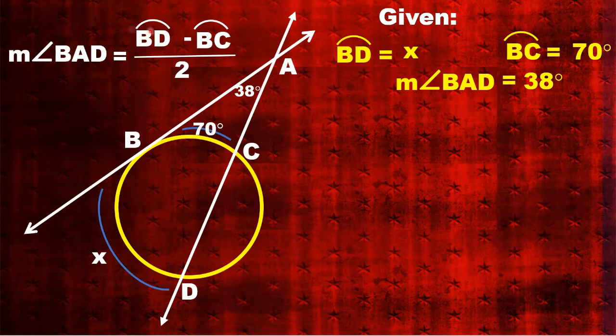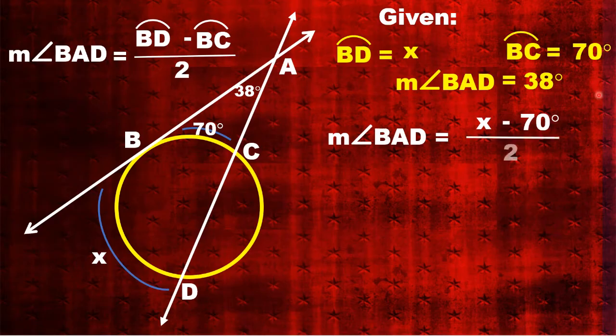Ayan. So, same pa rin ang ating formula, pero papalitan na natin yung mga given values. So, the measurement of angle BAD is equal to, BD is missing, so that's X, minus, ang BC naman natin na binigay ay 70 divided by 2.